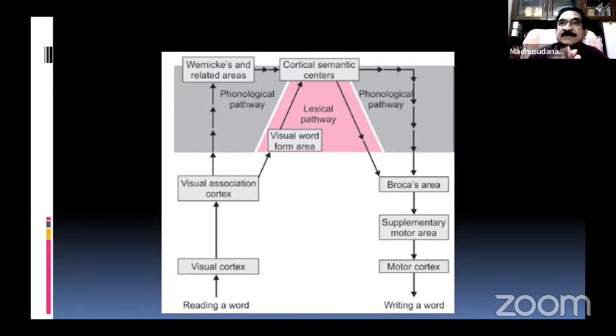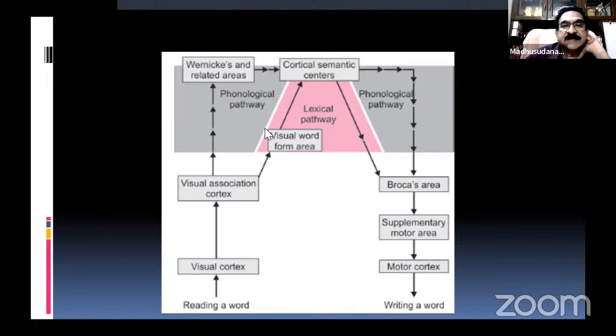So the orthographic lexicon is the written words dictionary in the brain, or in simple words, the words in written form in your brain. And this orthographic lexicon is in this area, the visual word form area. So when you see a particular word, you read it whole. Suppose the word is climb or orange.